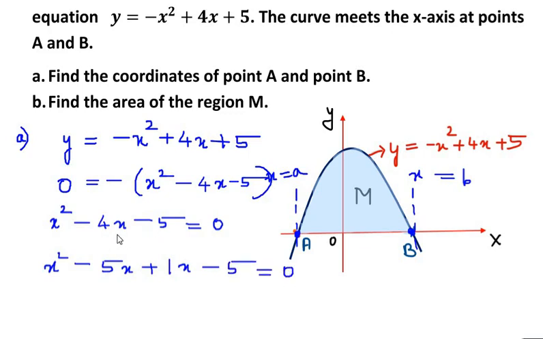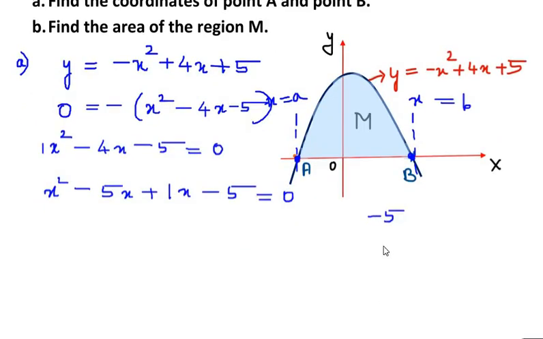I have multiplied 1 with negative 5, that gives me negative 5, and I find the factors of negative 5 which when added give me negative 4. The factors are minus 5 and plus 1, because minus 5 times plus 1 is minus 5, and minus 5 plus 1 gives me minus 4, which is the middle term. So making use of these two factors, I have split the middle term.